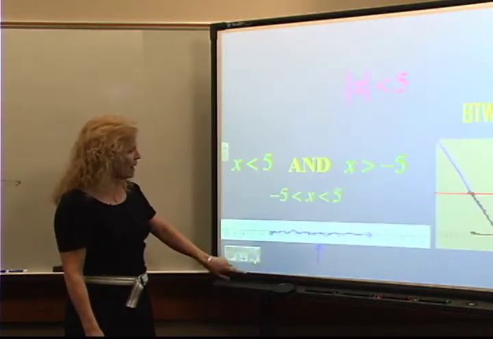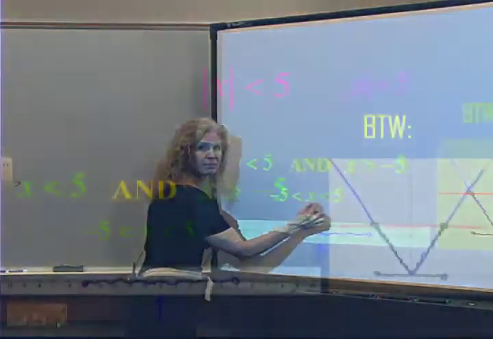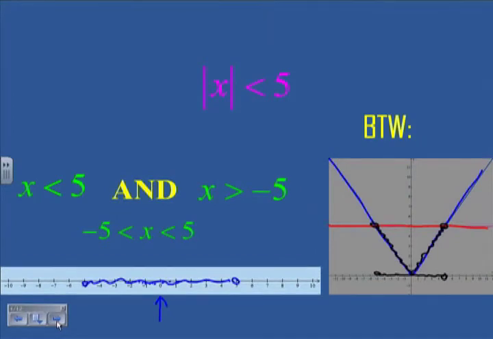Now, another way of writing that is in a 3-part inequality. And I don't know how much experience you've had with this in the past. There's different ways of reading this. You can start in the middle, read left, I know, we're not used to that, sorry, and then read right.